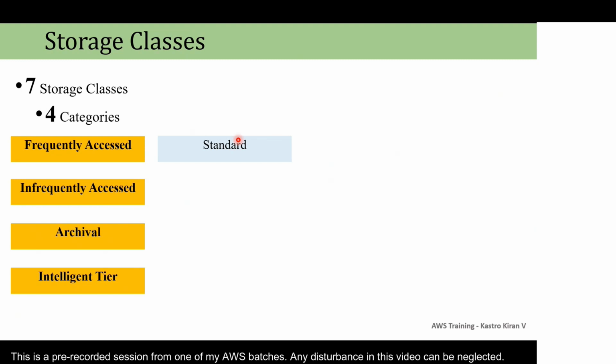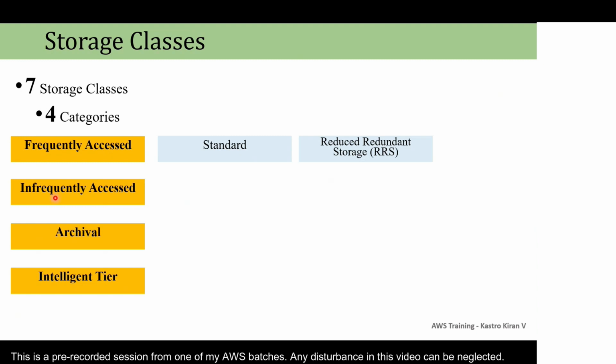Don't think much about what standard is and all; I'll be talking about it in some time. The first storage class is the standard storage class, and the second one is RRS, that is, reduced redundancy storage. These are the 2 storage classes available in the frequently accessed category.